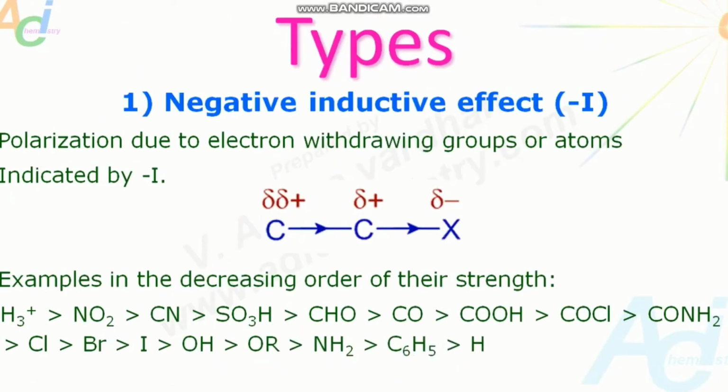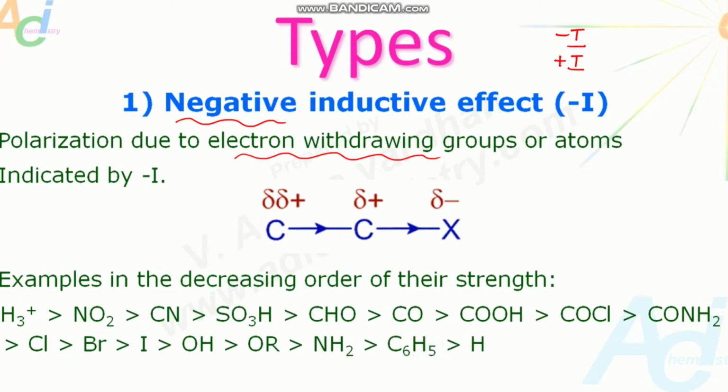Now let's discuss the types of inductive effect. We have two types: minus I effect, that is negative inductive effect, and plus I effect, or positive inductive effect. First, let's see what the negative inductive effect is. The negative inductive effect is caused by polarization due to electron withdrawing groups present in a molecule. Here X is an electron withdrawing group. X pulls the electrons towards itself, thus creating polarity in this molecule.